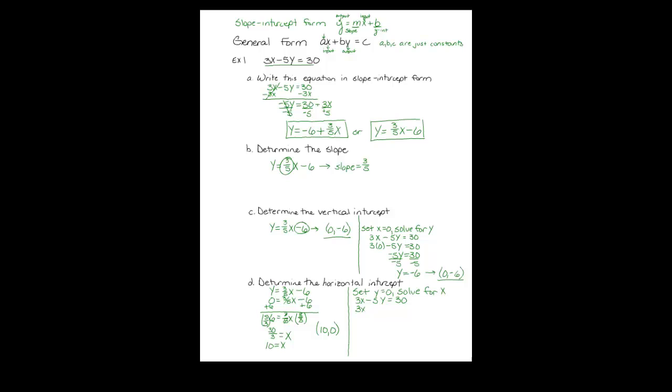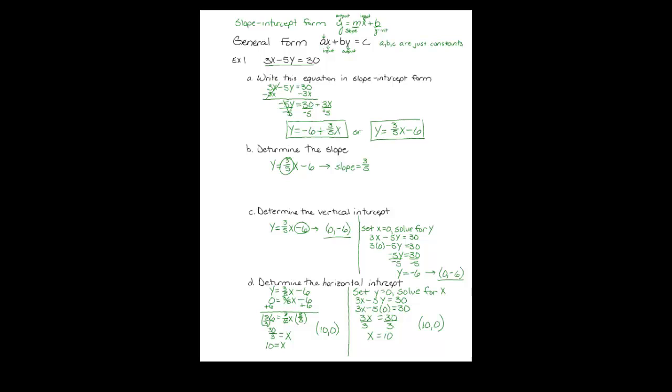That's what you're starting with. So 3x minus 5, replacing y with 0, equals 30. So 3x minus 5 times 0 is 0. So just 3x equals 30. Divide by 3, divide by 3, and you get x is equal to 10, which is, same as before, 10, 0.